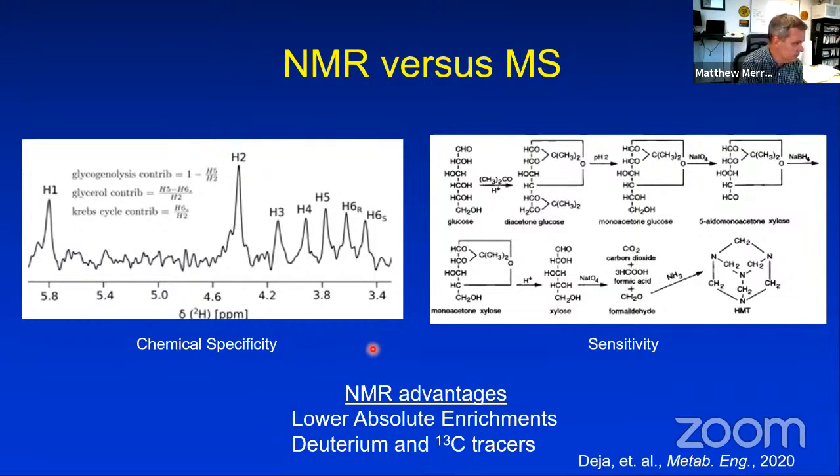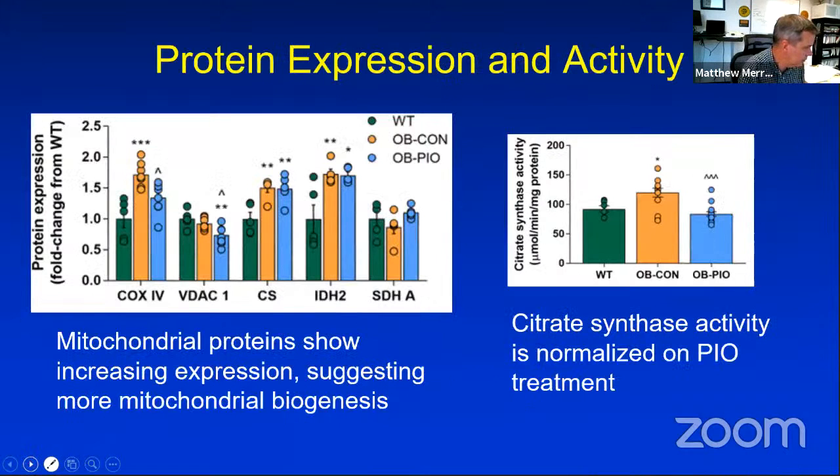So some of the advantages of NMR are being chipped away at just by people that are thinking very carefully about the experiments. But it still remains that NMR does have some advantages with low enrichments.